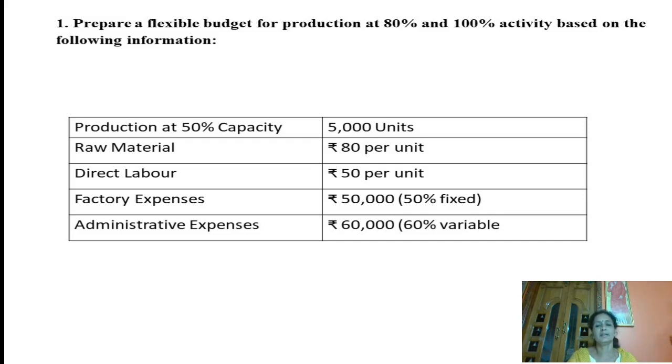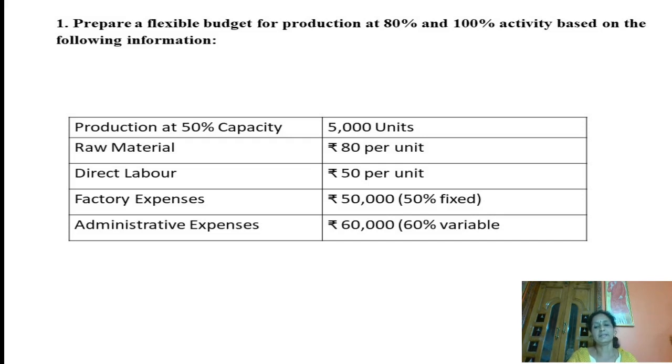Next, direct labor also they have given per unit cost. In the last session, the full amount was given directly, but here since per unit cost is given, you have to multiply into the number of units. It will be quite easy to calculate for 80% and 100% capacity also.